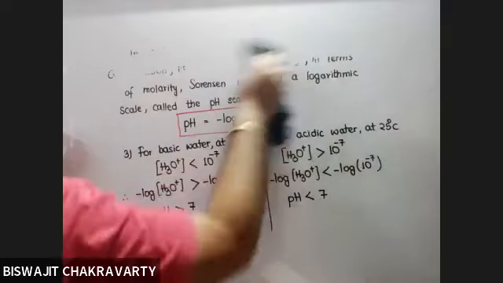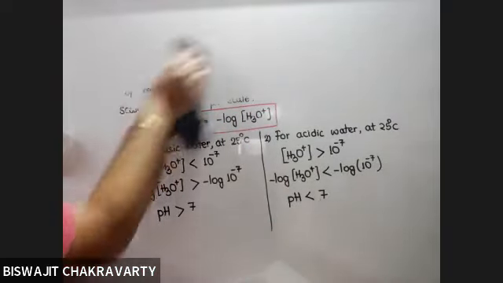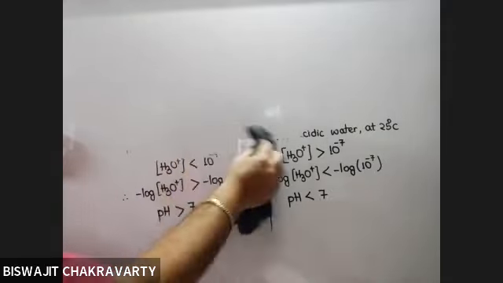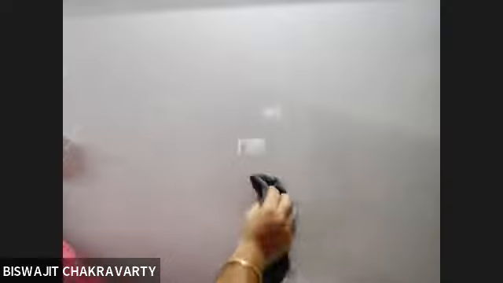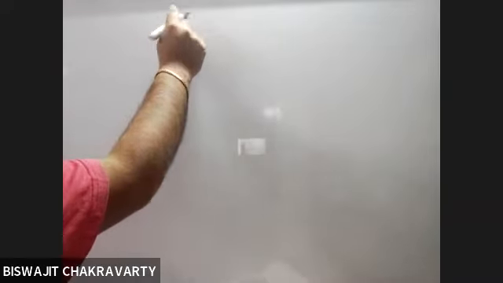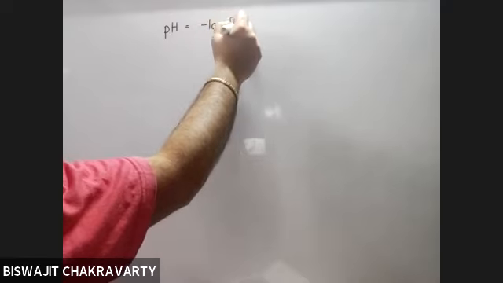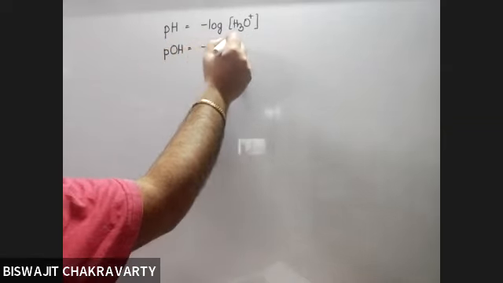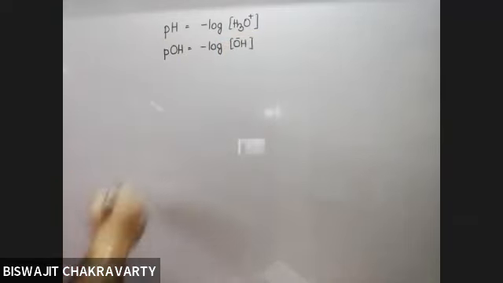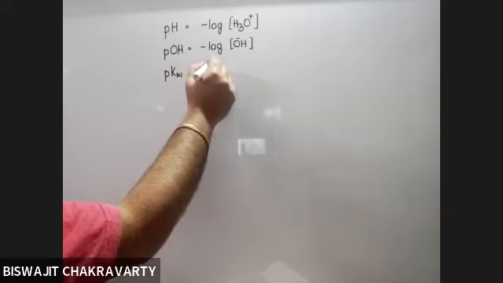The small p that we have given means minus log, and depending on what it is put over, we decide pH, pOH, pKw. So far whatever we have discussed I have been discussing for pH only. So it has been calculated that just as pH is minus log of H3O plus, exactly similarly pOH will be minus log of OH minus, and pKw will be minus log of Kw.